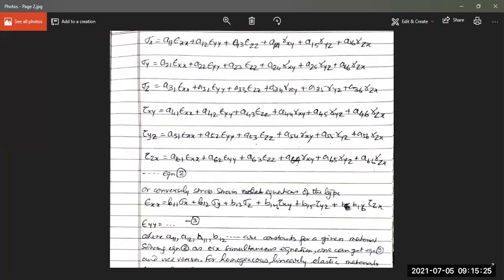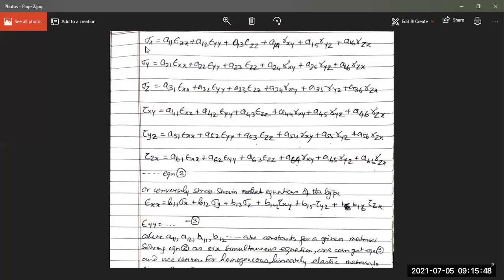Now here what we have is 6 equations in terms of sigma x, sigma y, and sigma z, which are the longitudinal stresses in x, y, and z directions, and tau xy, tau yz, and tau zx, which are the shear stresses existing on the xy plane, yz plane, and zx plane itself.